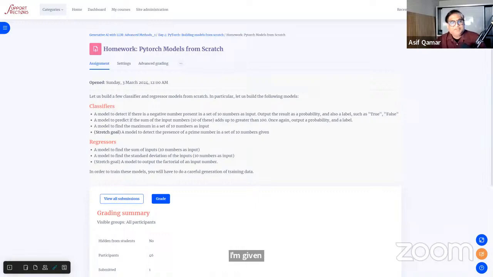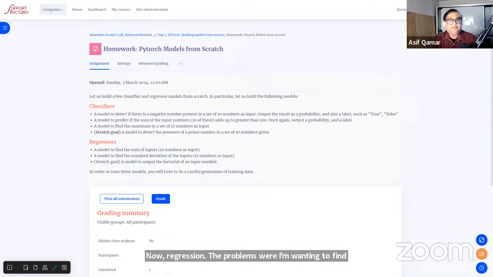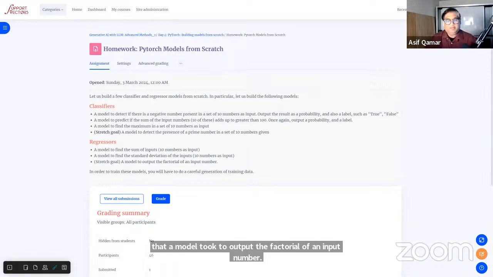Now, regression. The problems were a model to find the sum of inputs, which is very much related to part B of the classifier problem. A model to find the standard deviation of the inputs, 10 numbers as inputs. And as a stretch goal, which I actually didn't announce in the class, but later on I added to the portal, a model to output the factorial of an input number, assuming that the number is relatively small, not a big number.